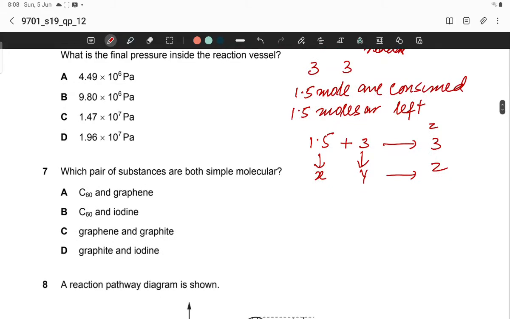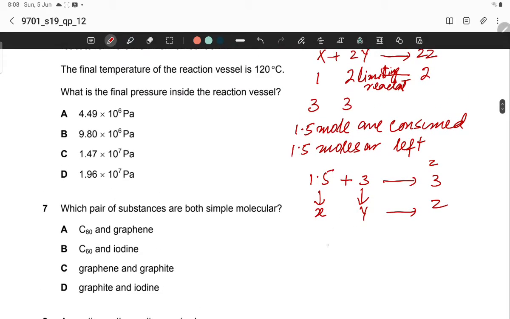So we have total moles in this reaction: 1.5 plus 3, because these moles are consumed, and left behind is 1.5 and 3 moles are produced. These Y moles are consumed, because this is the limiting reactant, and 3 moles of Z are formed and 1.5 moles of X is leftover.